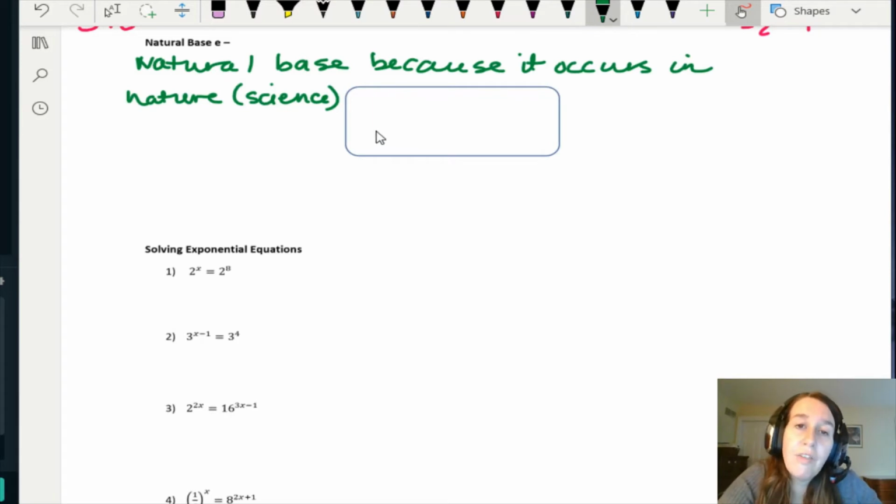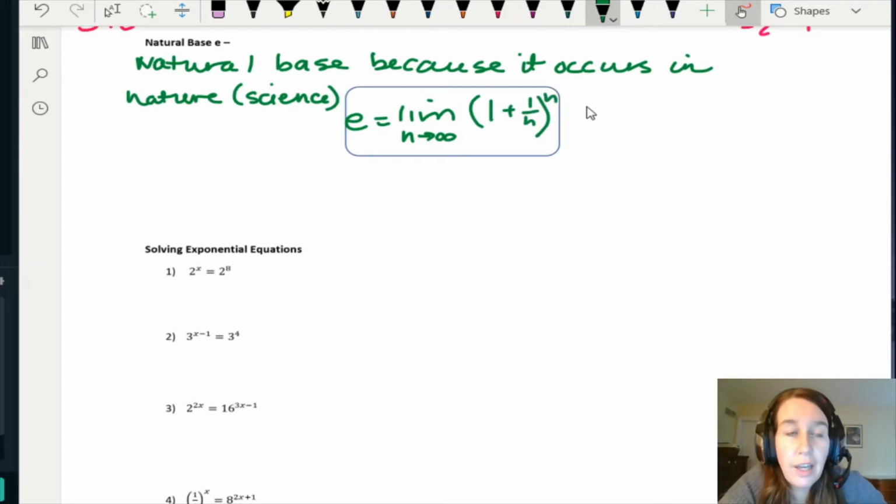There's also one financial application for e that we're going to study as well later. So e is defined as, it's pretty fancy, the limit as n approaches infinity of the function 1 plus 1 over n raised to the nth power.